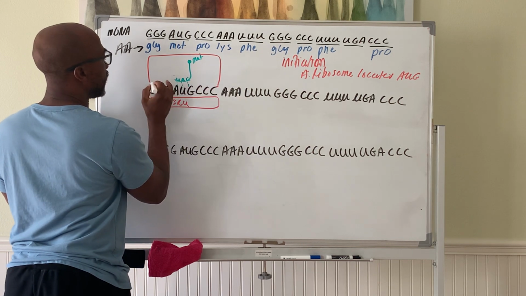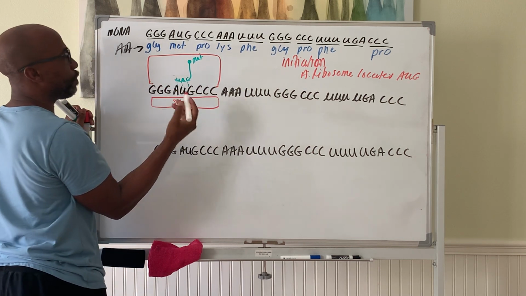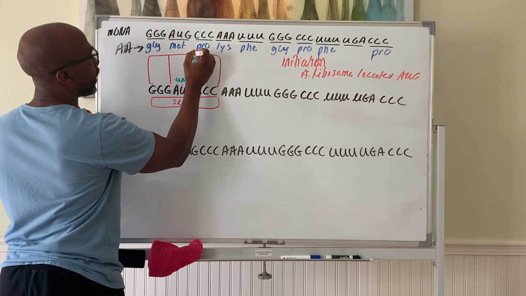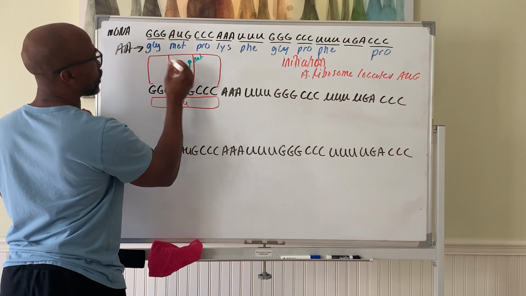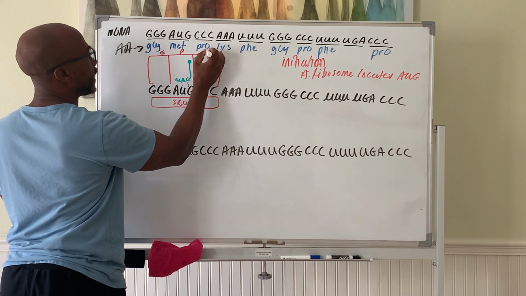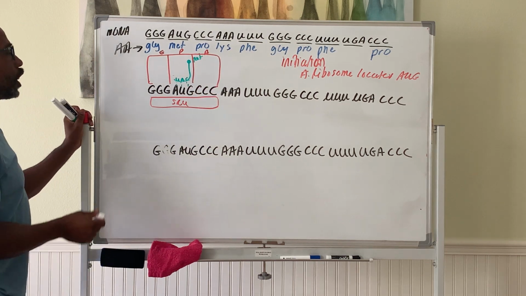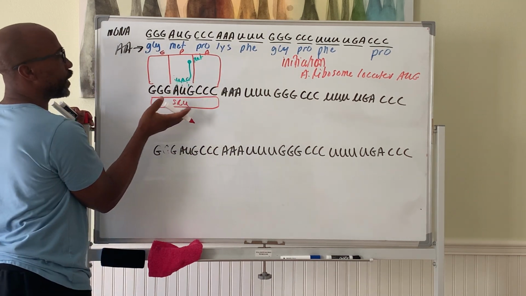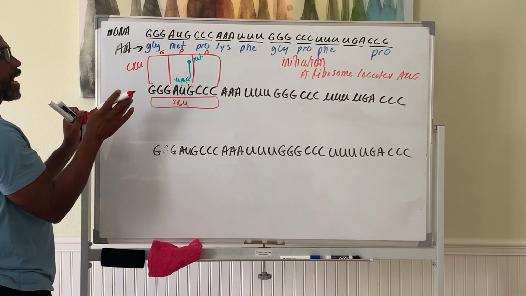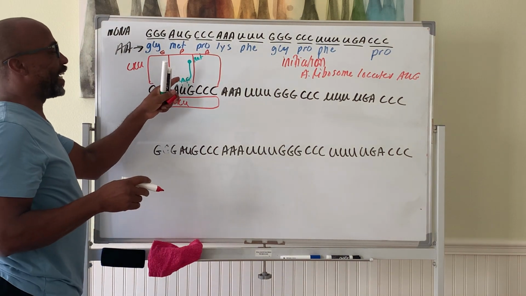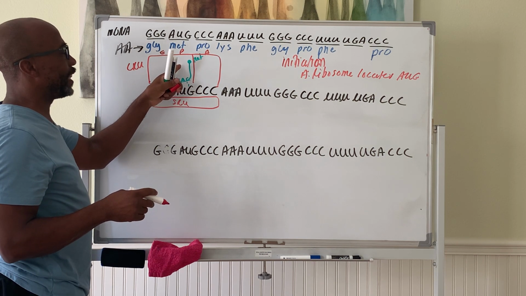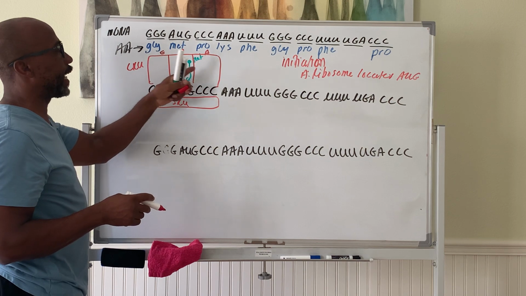The large unit has three parts in it: an E site, a P site, and an A site. When the large unit associates with the small unit, the initiator tRNA, the first tRNA, will be in the P site, and the E site and A site are open.